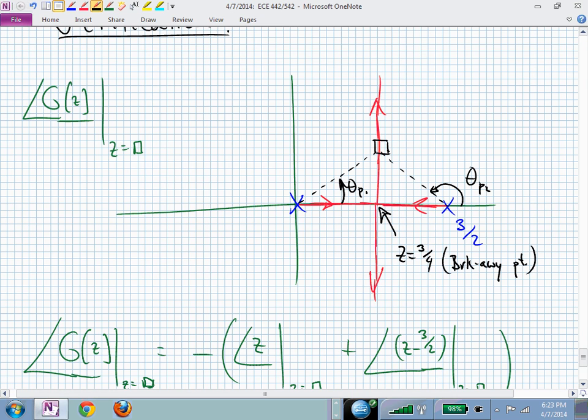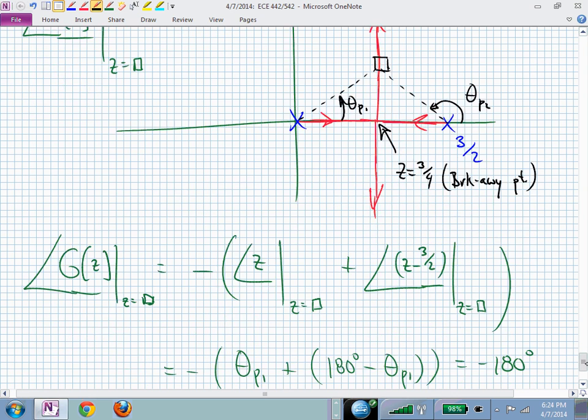Yes? If we actually had some zeros in this g of z, they would attract branches of the root locus, and some could bend the root locus into a different shape.